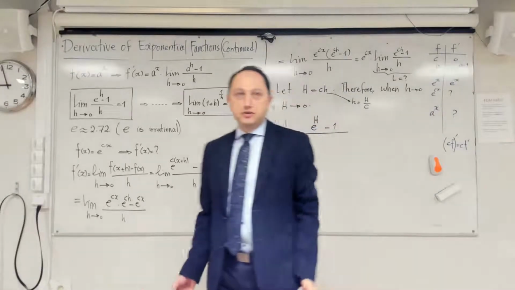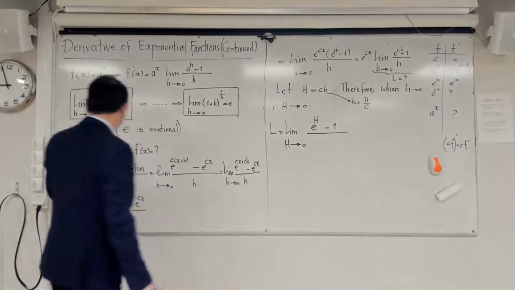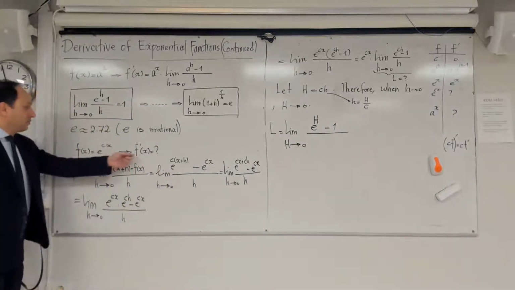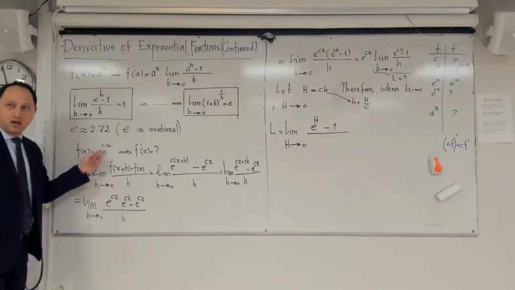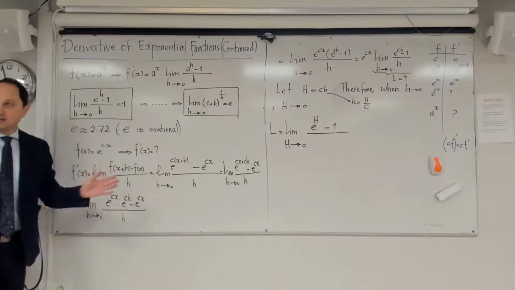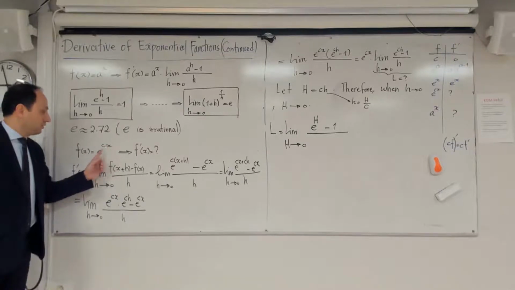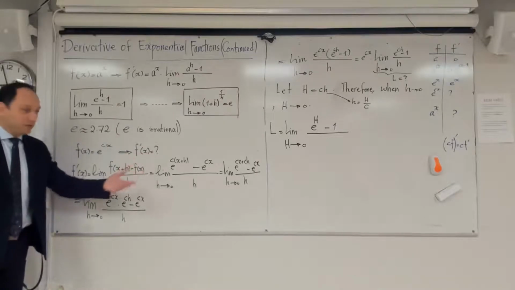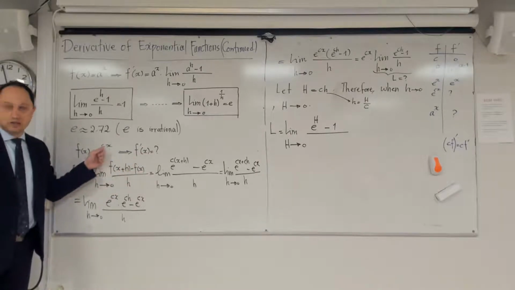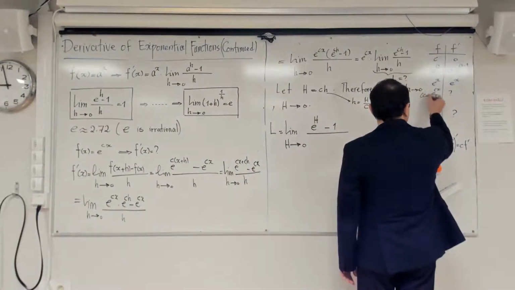So when I am talking about the derivative, the mysterious case is when c is not equal to 0. Because if c is equal to 0, 0 times x is 0, e to the power 0 is 1, so my function is 1 and its derivative is 0. So the interesting thing happens if c is not 0, and it is good to emphasize that here.